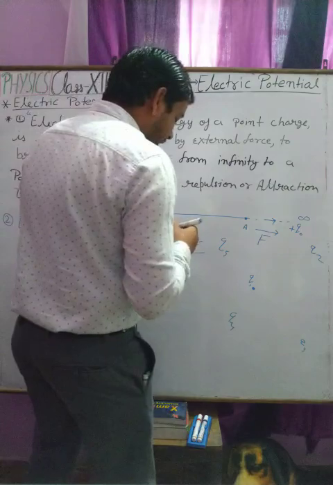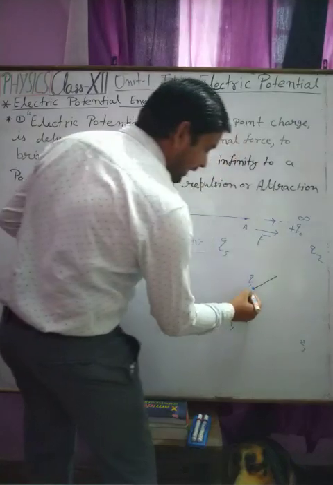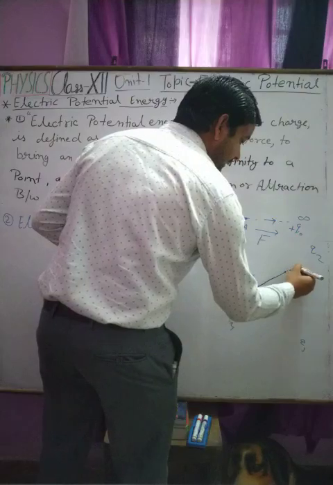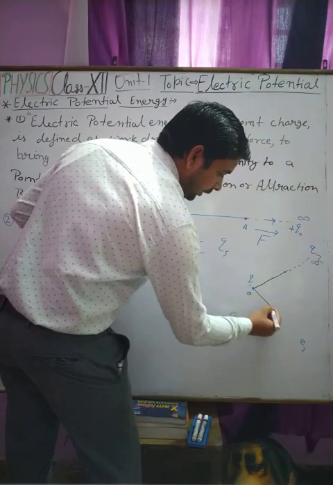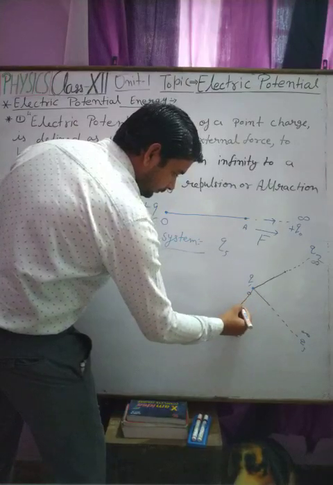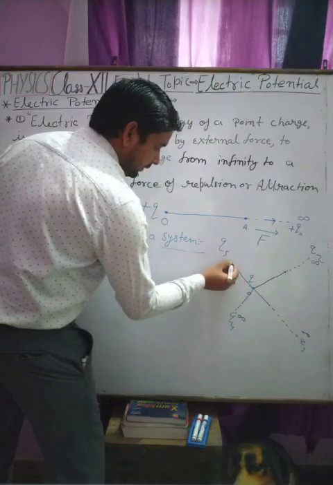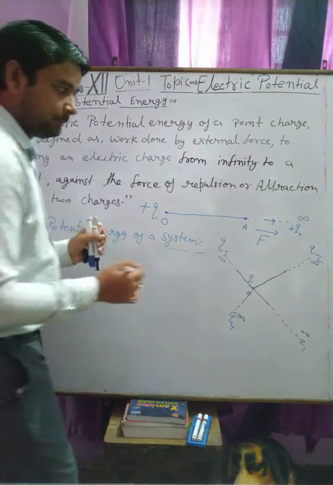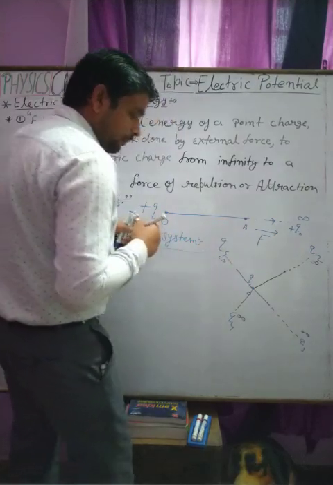Now all these charges are very far from this charge Q1 or point O, as their distance from it is at infinity. At all these points, these all are at infinity, similarly this one also at infinity.